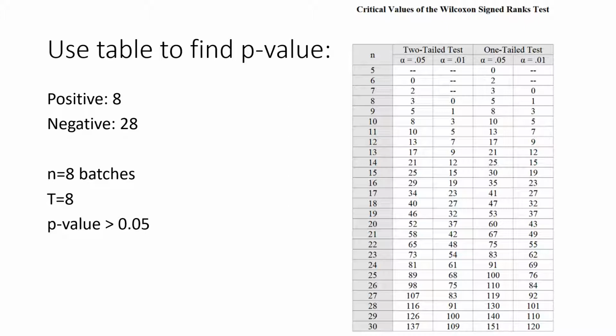A t of 0 would give me an alpha of 0.01. And so since my t is bigger than this, I don't know exactly what the p-value is, but I know that it has to be bigger than 0.05.